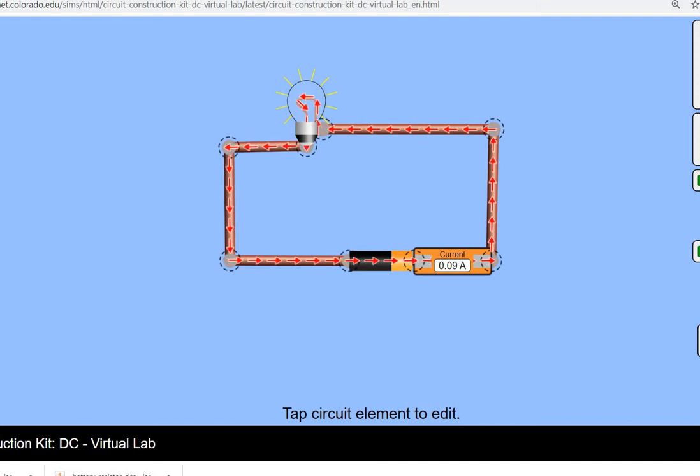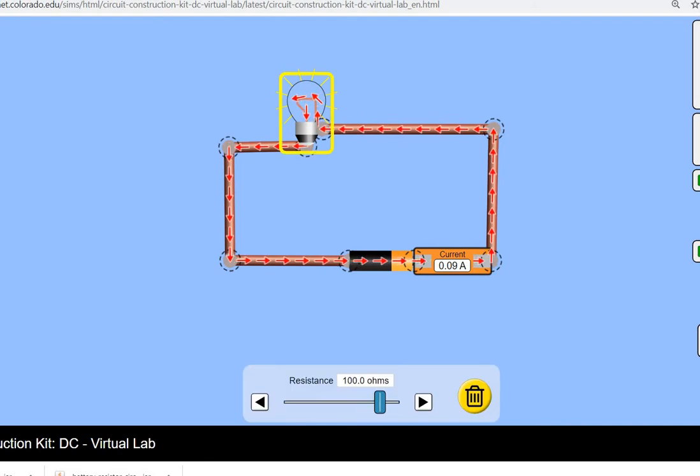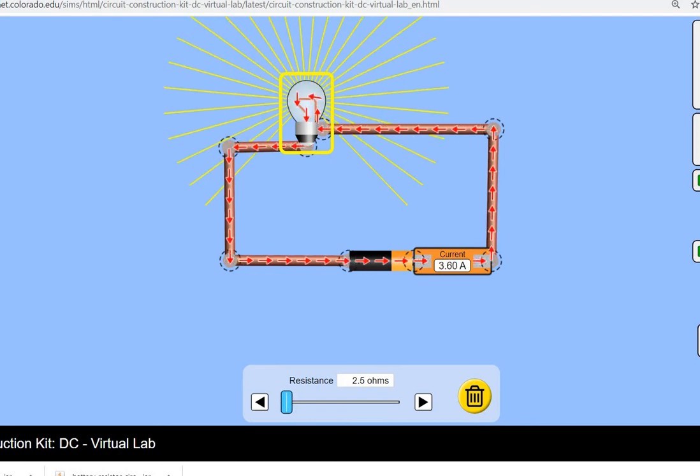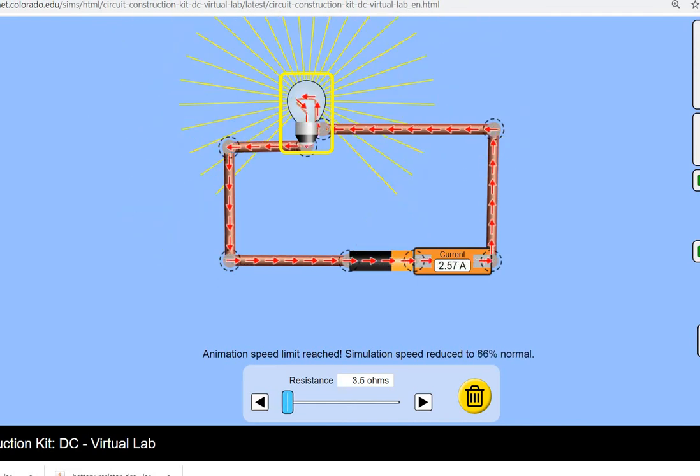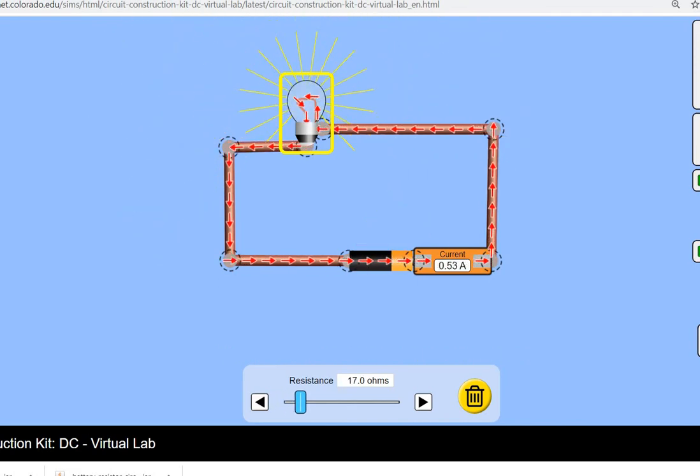What determines how much current is drawn is entirely dependent upon the resistance. If I decrease the resistance, you can see the current is increasing. There is a lot of current as the resistance becomes 0, and as resistance increases, the current reduces drastically.